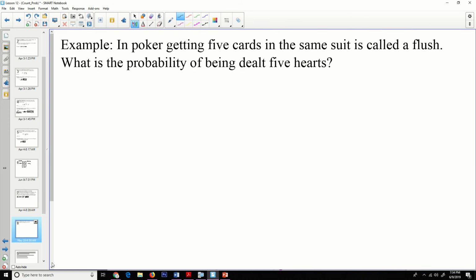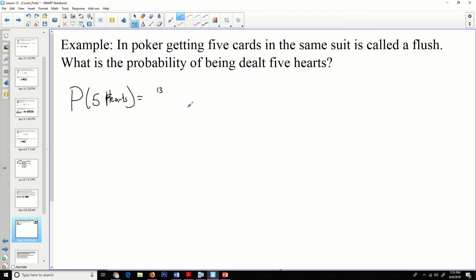All right, next. Example: in poker, getting 5 cards in the same suit is called a flush. What is the probability of being dealt 5 hearts? So, probability of 5 hearts. All right. Well, there are only 13 hearts in a deck, so 13.